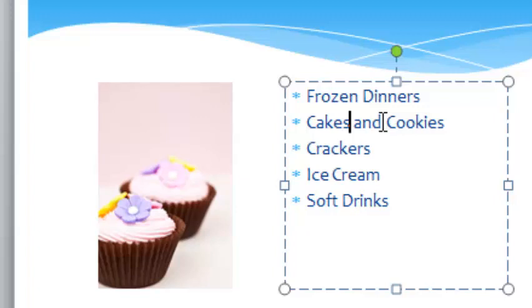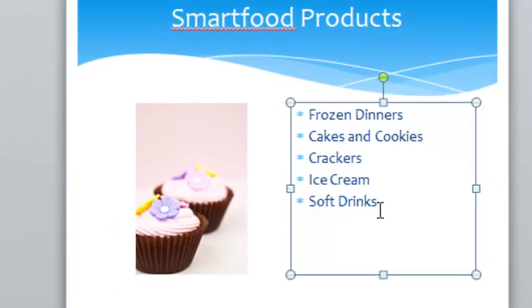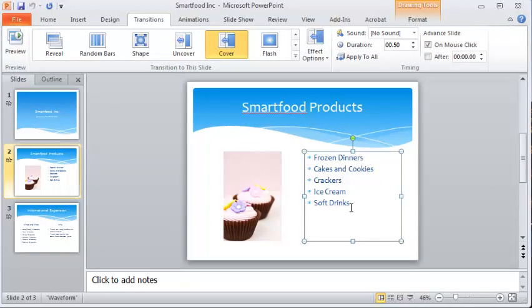And typically when you animate, you want to animate all of the points to come out in the same style, one after the other. So what you should do is, rather than click inside the content pane, put your mouse over the edge like this and just click it like that. So you see there's no cursor blinking inside it right now. That means that whatever animation I choose, I'm going to apply to each point inside that content pane one at a time.